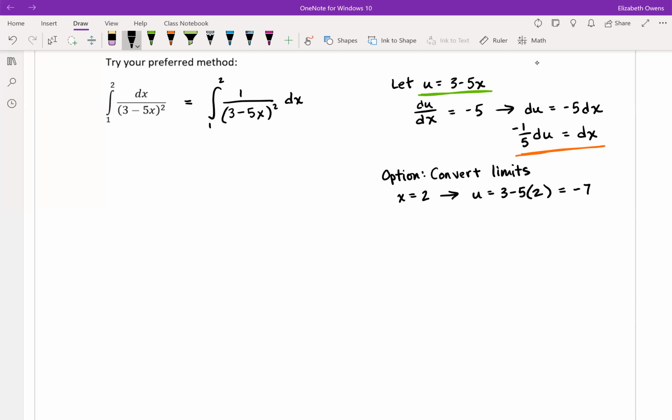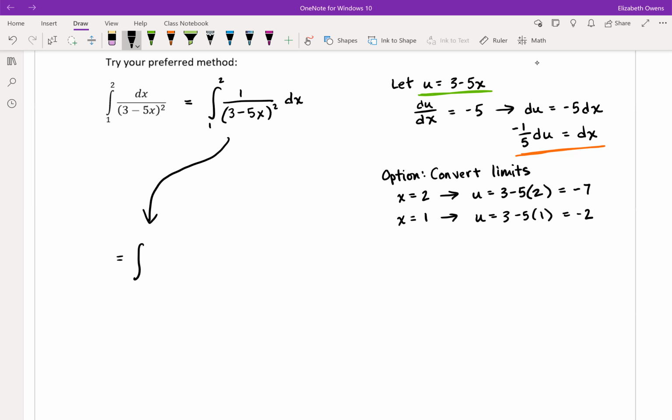That'd be 3 minus 10, which is negative 7. And then the lower limit, x equals 1: u would equal 3 minus 5 times 1, and that would be negative 2.